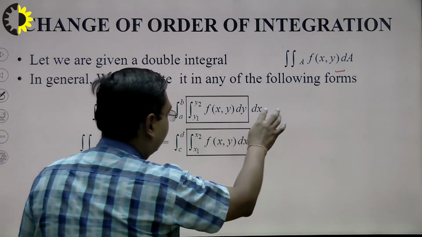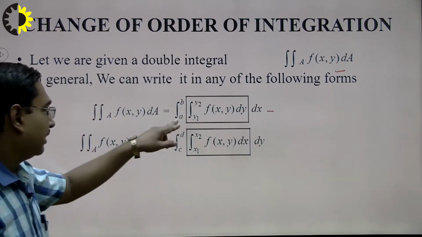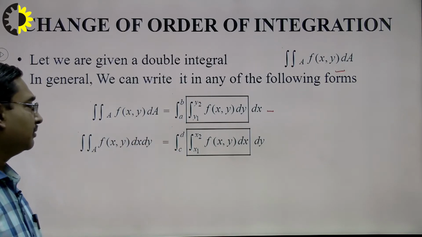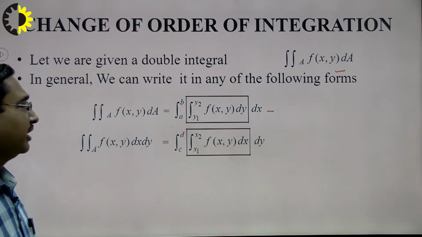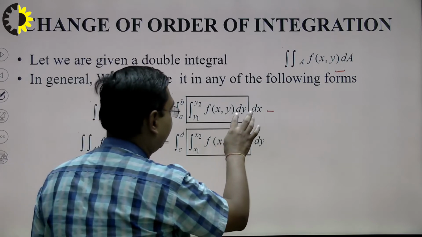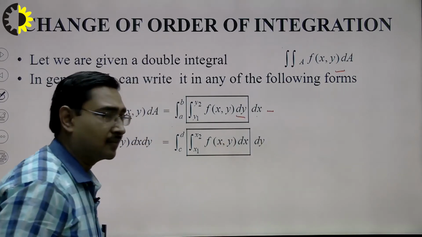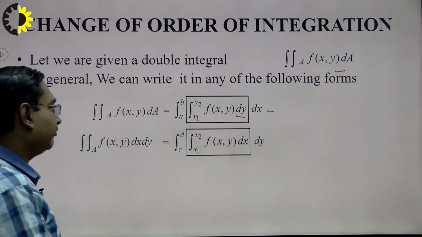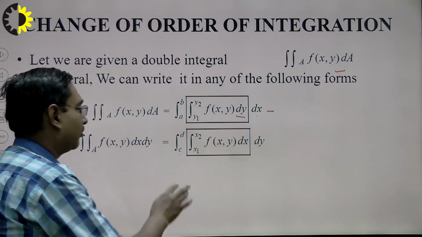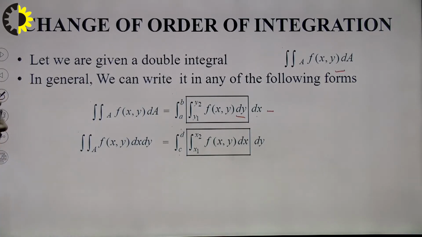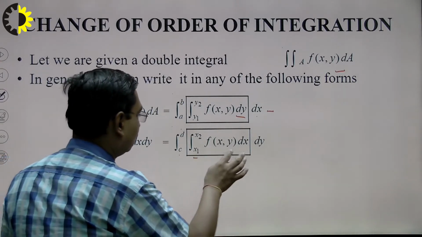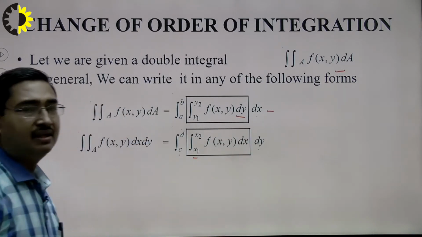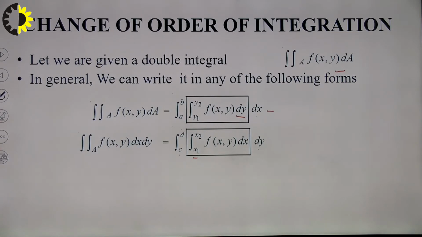We can write it as integral from a to b, then integral from y1 to y2 f(x,y) dy dx. We can also write the same integral in the form integral from c to d, x1 to x2 f(x,y) dx dy.